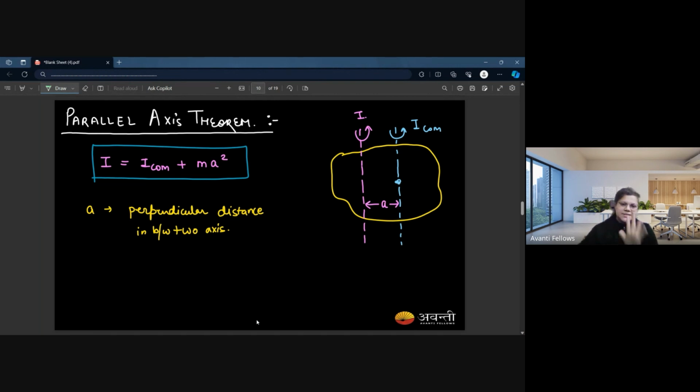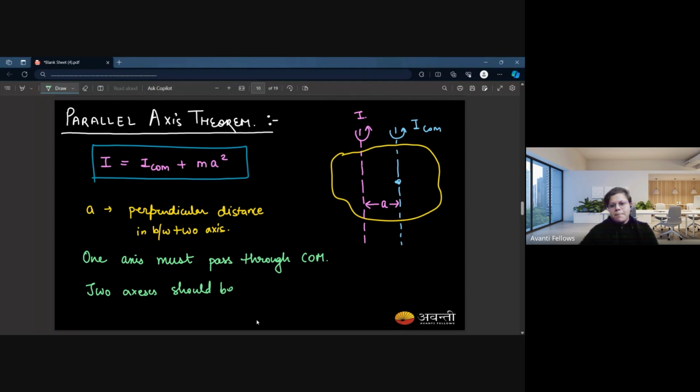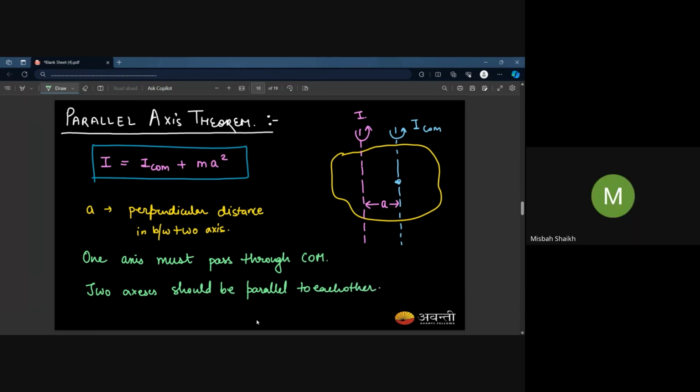It is a necessary condition. And the two axes should be parallel to each other. Is that fine?